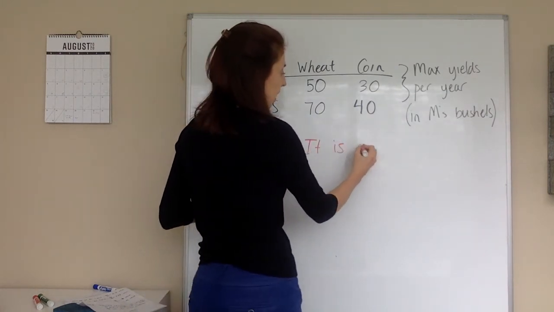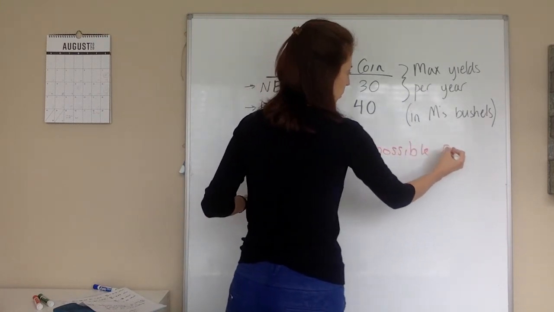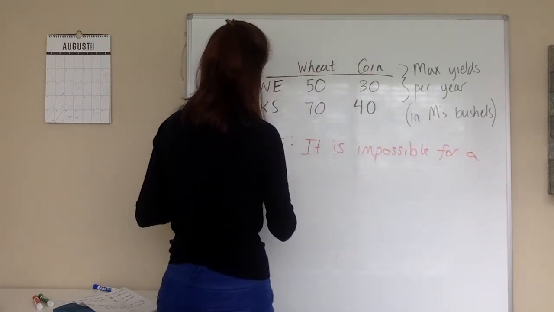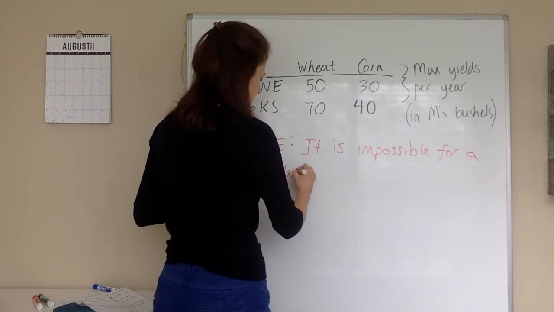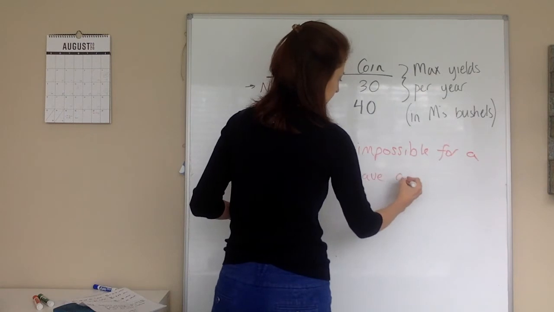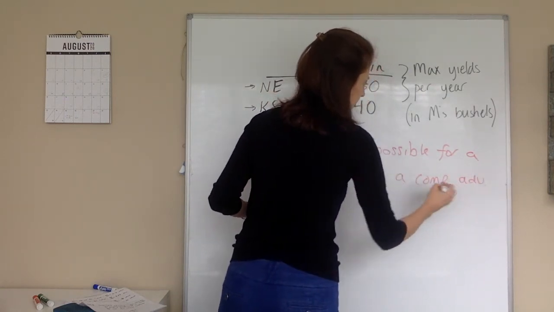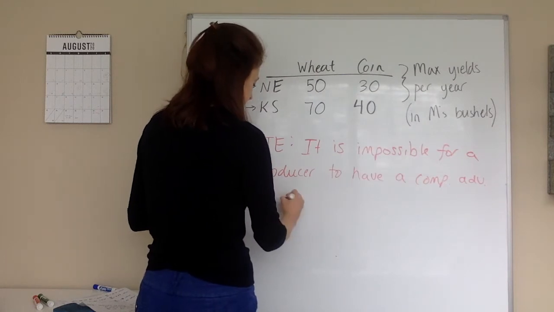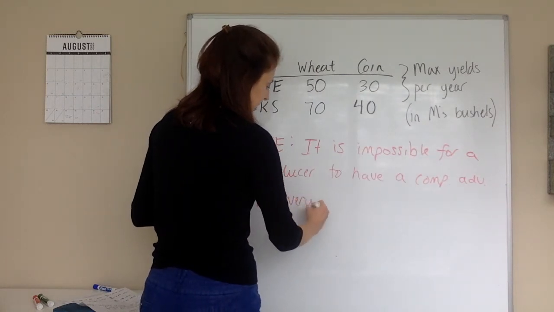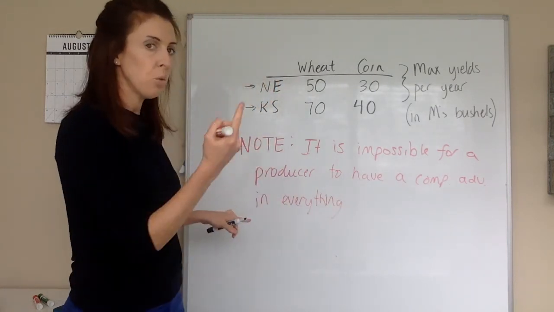It is impossible for a producer to have a comparative advantage in everything. Instead, each place or each producer is going to have comparative advantage in one of the things.